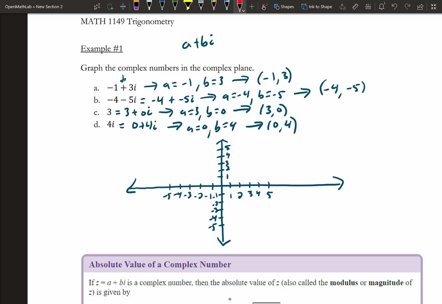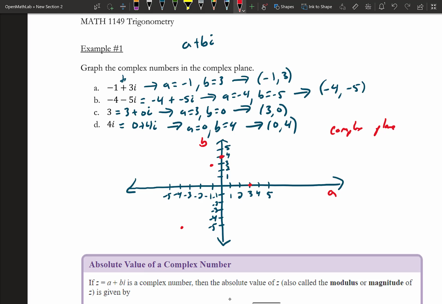Whoops, and just to specify that this is my a-axis and this is my b-axis, so that tells me I'm in a complex plane. So -1, 3 is going to be here. -4, -5 is going to be here, and then 3 comma 0 is here, and 0 comma 4 is here.